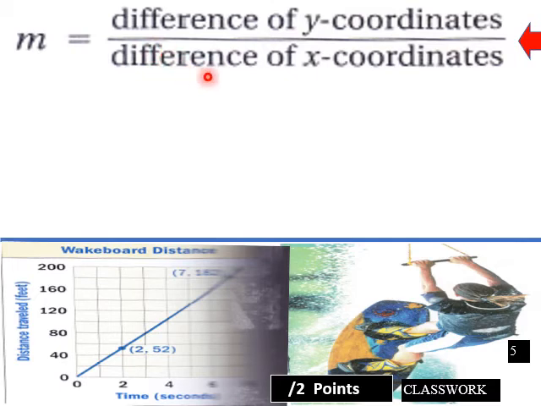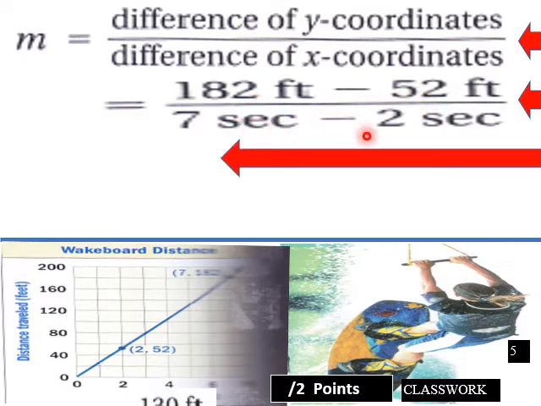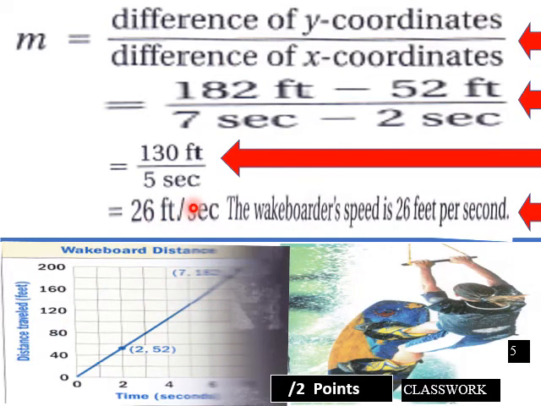So our slope is difference of y over difference of x: 182 minus 52 over 7 seconds minus 2 seconds. This is 130 over 5 seconds, which is 26 feet per second. So the wakeboarder's speed is 26 feet per second, thanks to this graph.